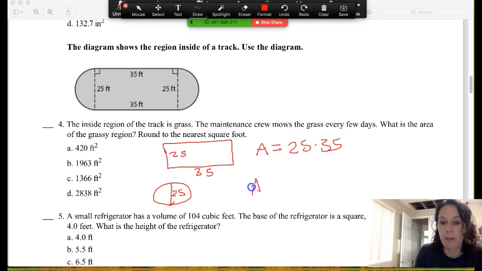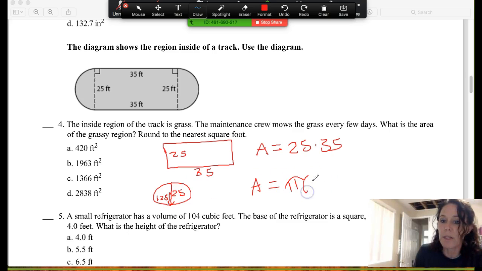The area of a circle is pi times the radius squared. Now the radius right here is going to be half the diameter. So 25 divided by 2 is 12.5. So our radius here is going to be 12.5.